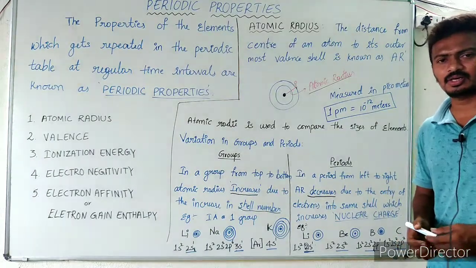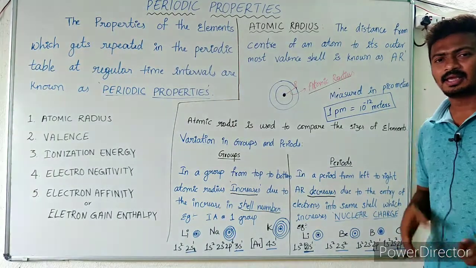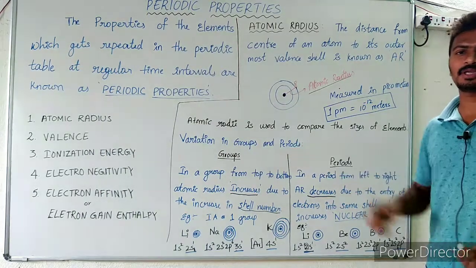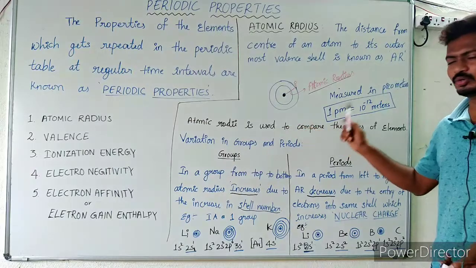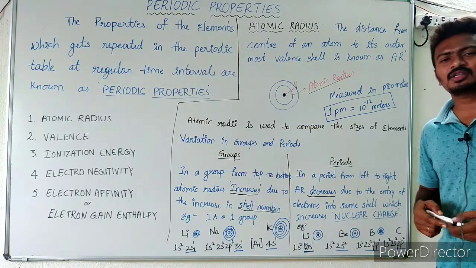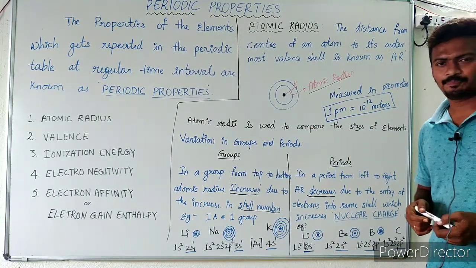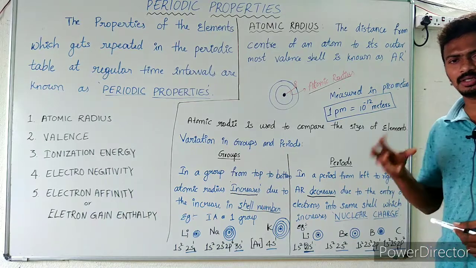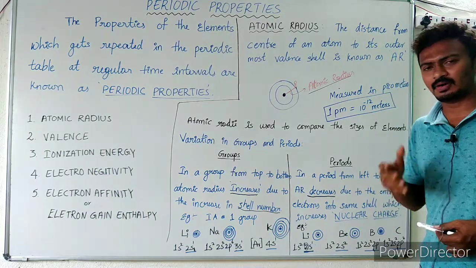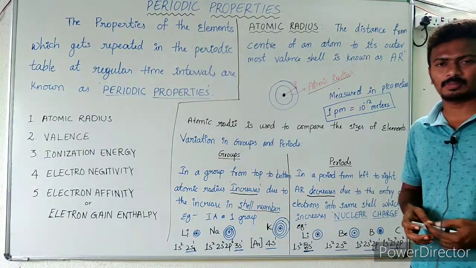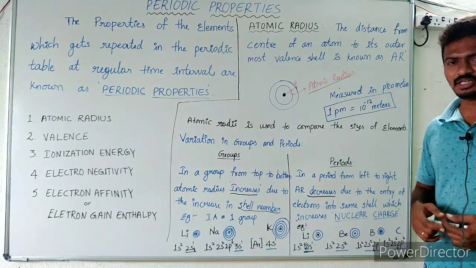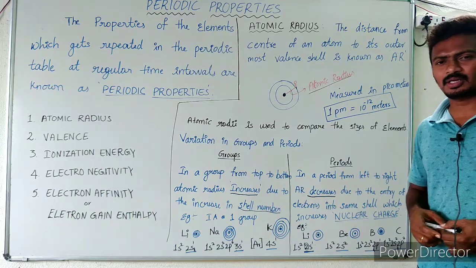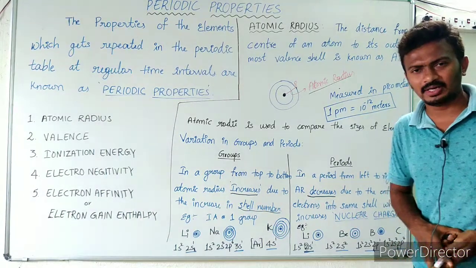Let us see now how this atomic radius is going to vary in the groups and in the periods of the periodic table. This atomic radius is used to compare the sizes of the elements in the periodic table, how they are going to change, and what the size of the particular group elements is. And actually this atomic radius is very difficult to find.